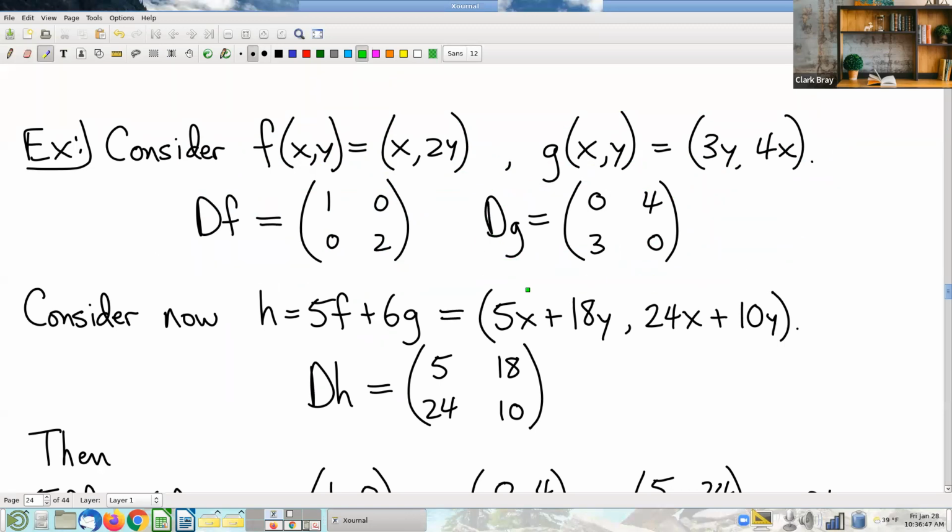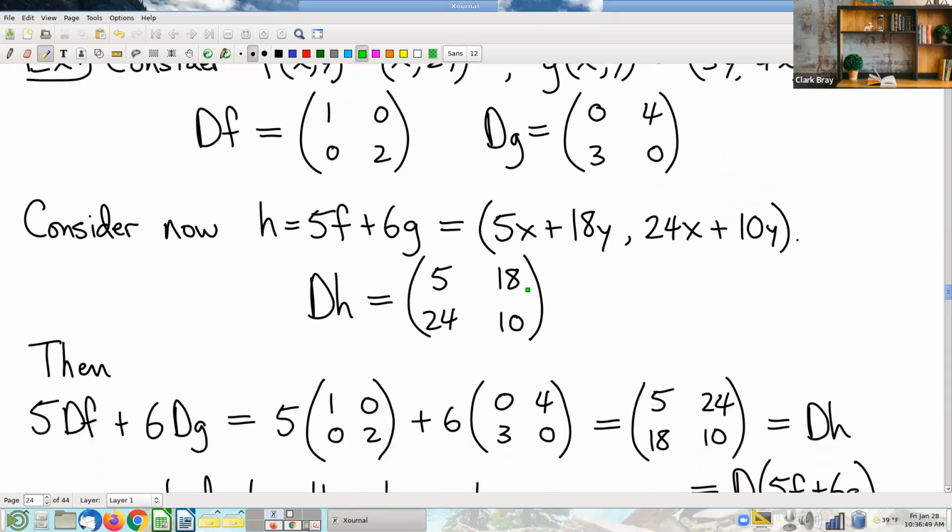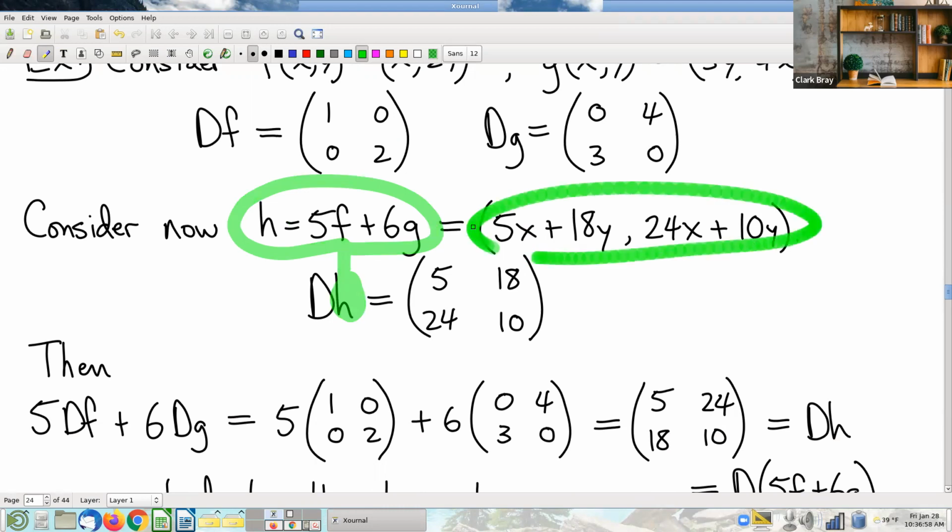Okay, now let's start playing linear combination games. If I were to take a linear combination of the functions, that gives you this function, and I can take the derivative of that, right? So the D of this thing is, well, you take the x partials, you take the y partials, and you get this as the D of the linear combination.